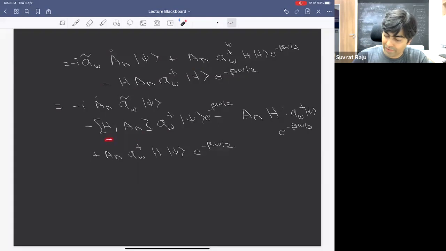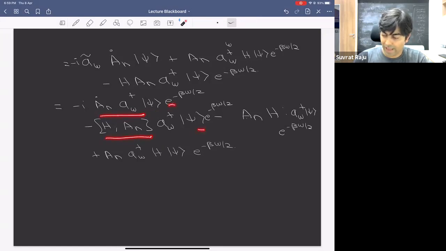But notice that this term is going to cancel this term. Because this term, I could use the rule and write this as a omega dagger with an e to the minus beta omega by 2. And so these two terms are going to cancel because this is also going to give you an an dot.